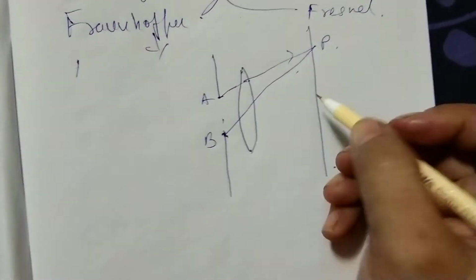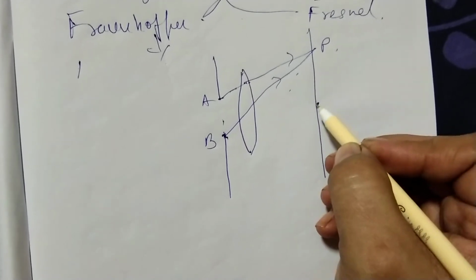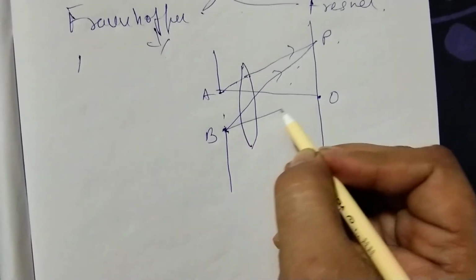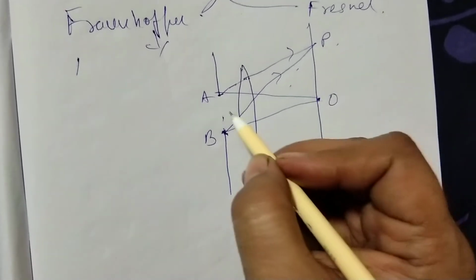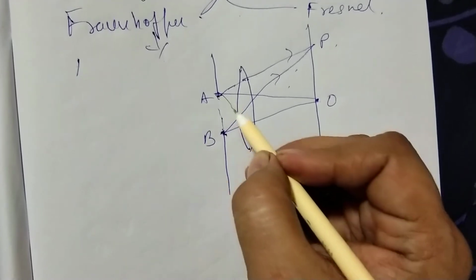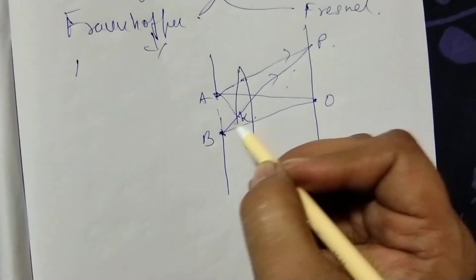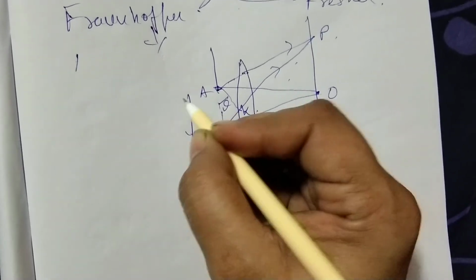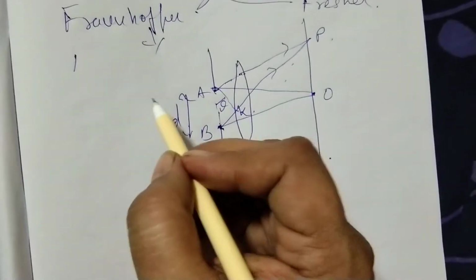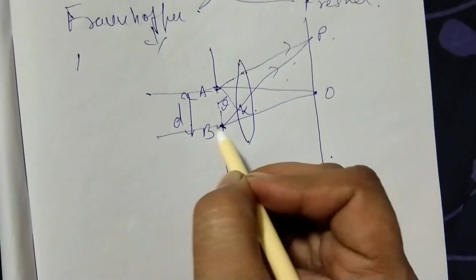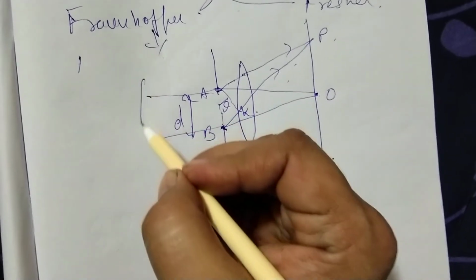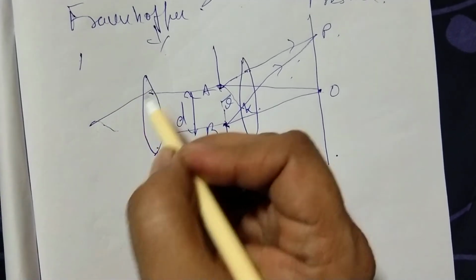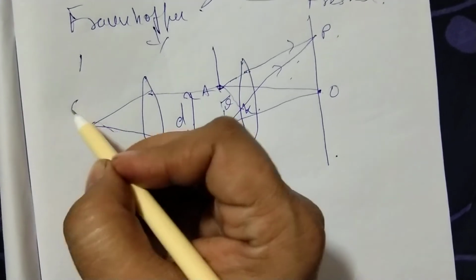This is the center point O. If you look at the path difference, this is point K. We have taken this angle as theta, and the slit width as small d. This is the source.